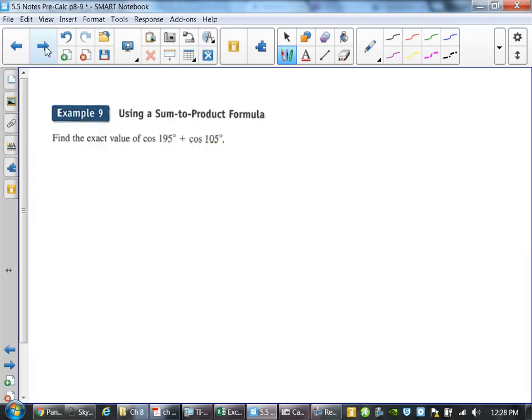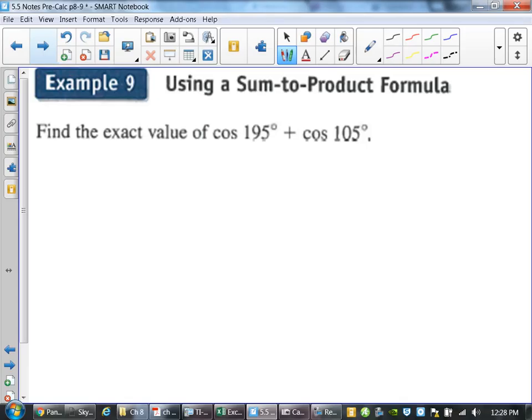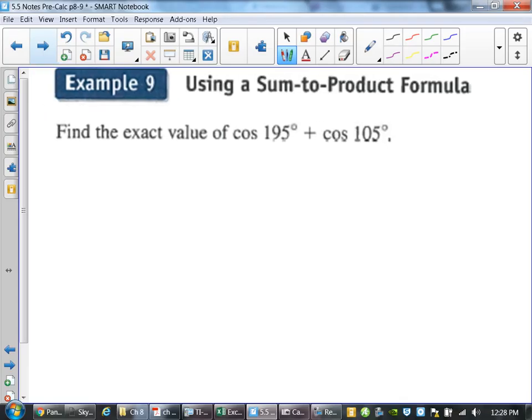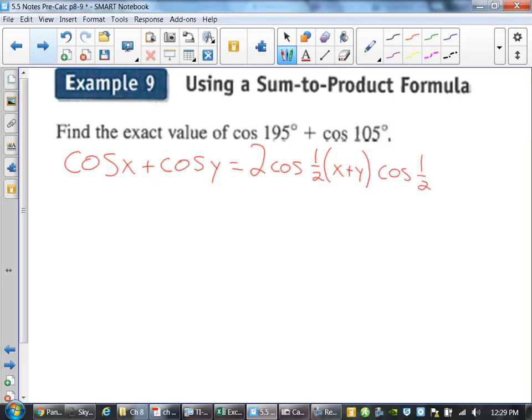And the other example of that one is this. Find the exact value using a sum to product formula of cosine of 195 plus cosine of 105. You're basically using that.